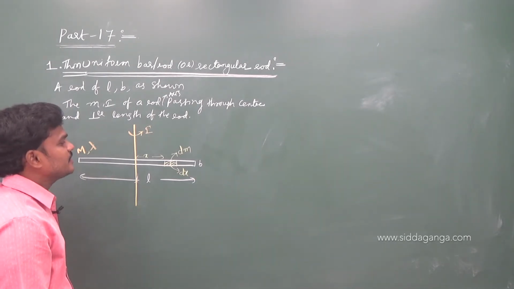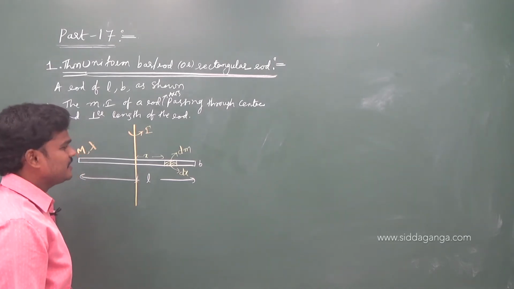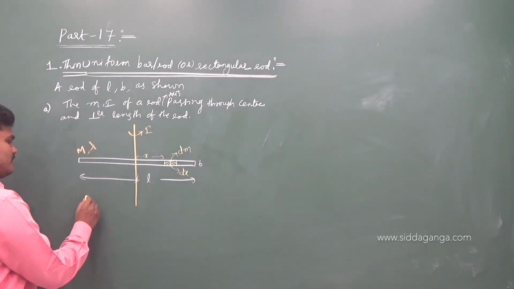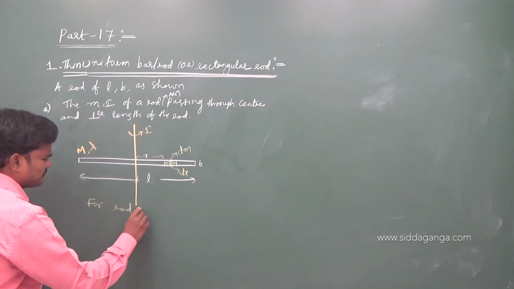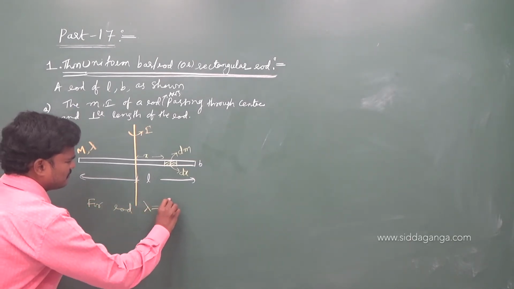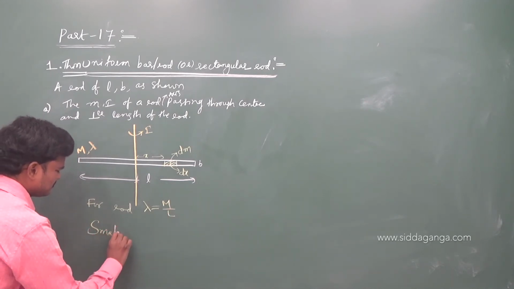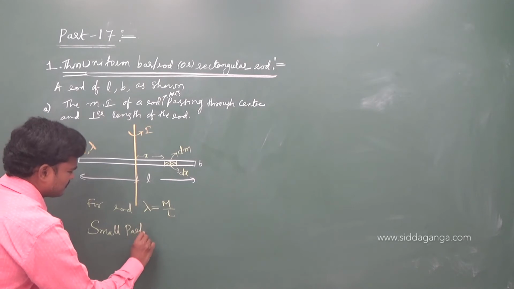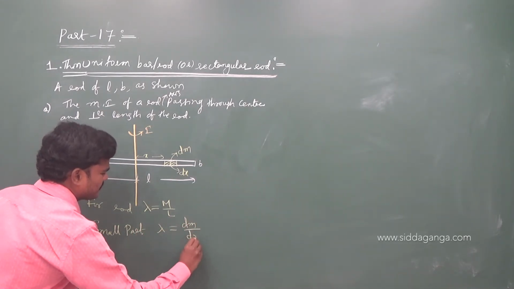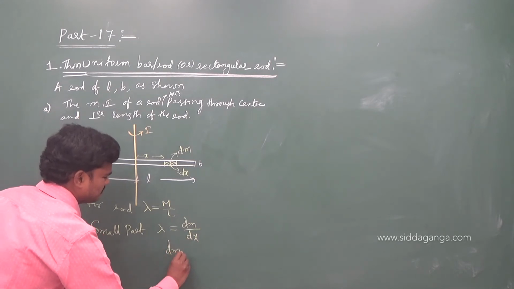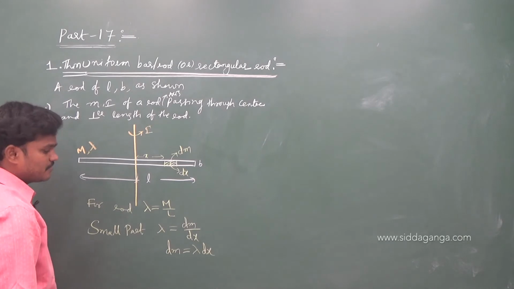I started the integration problem using the rod in center of mass. For the full rod, lambda is equal to mass by length. For the small part, lambda is equal to dm by dx. So dm is lambda into dx.